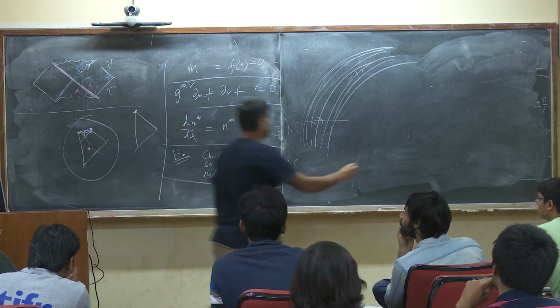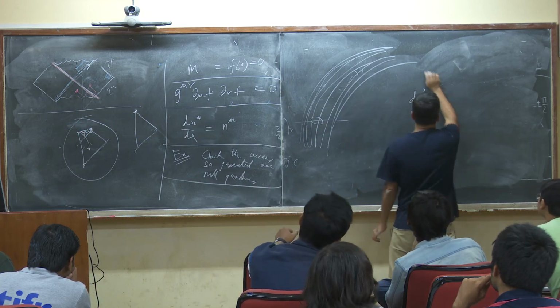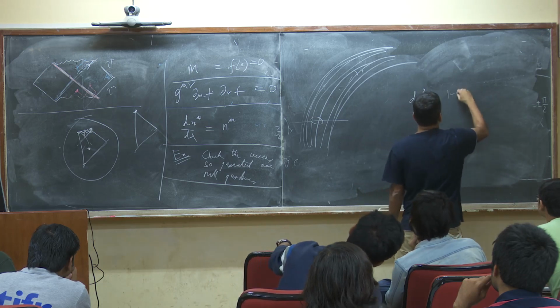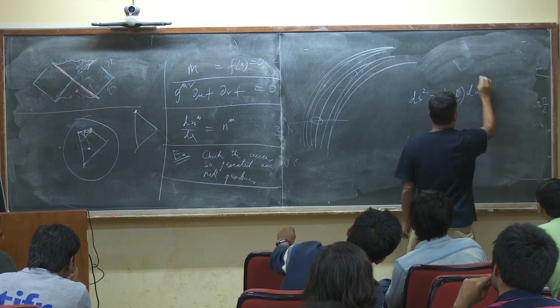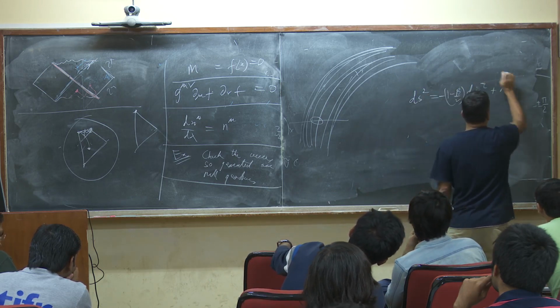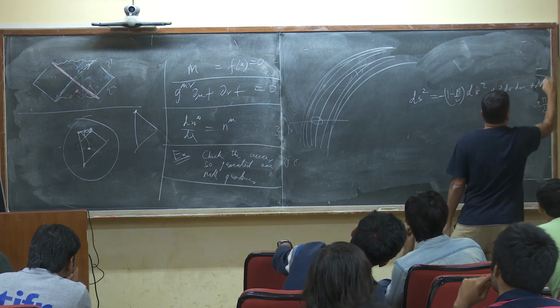Let's look at this metric. Let me do it in Gaussian coordinates: ds squared is equal to (1 minus beta by r) dv squared plus 2 dv dr plus r squared d omega squared.